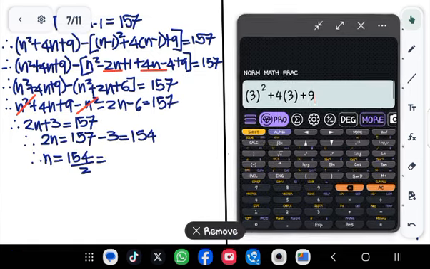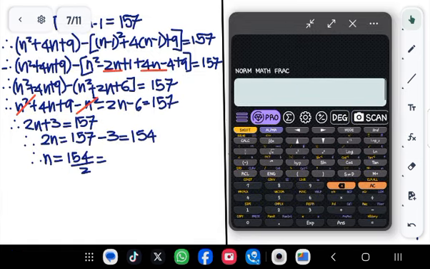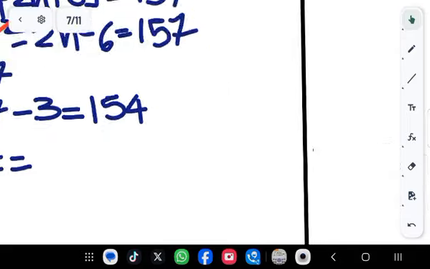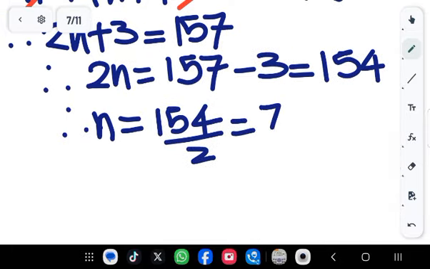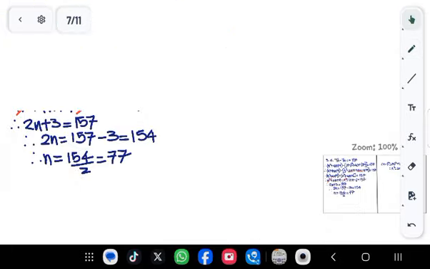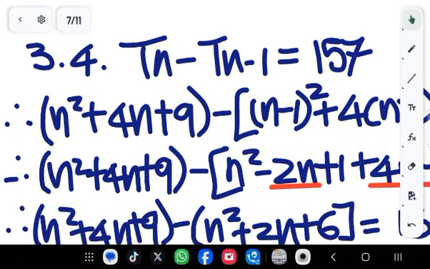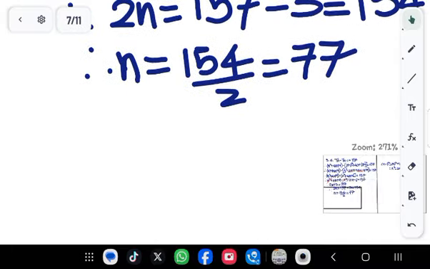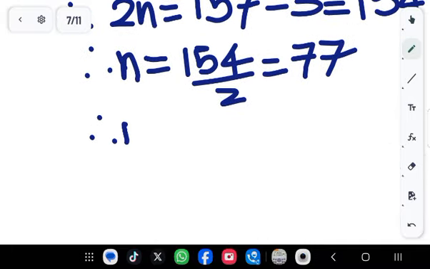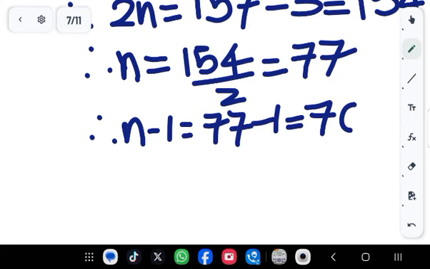So that will be 154 divided by 2, and that gives us an answer of 77. So we have 77. That is one term. n is 77, so n minus 1 will be 76. The term before that will be 76.